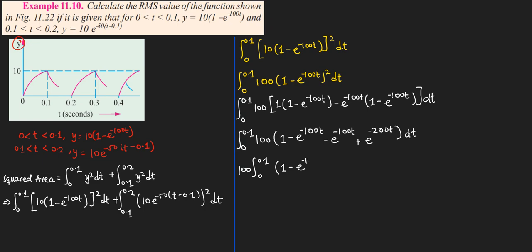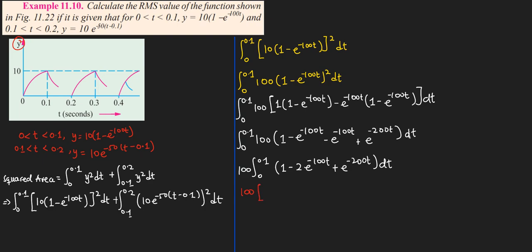Okay, so let's add these two. So that will be minus 2 e to the power minus 100t, plus e to the power minus 200t, bracket closed, dt. Okay, so now let's do the integration. So you have 100 here, then you're going to have square bracket.